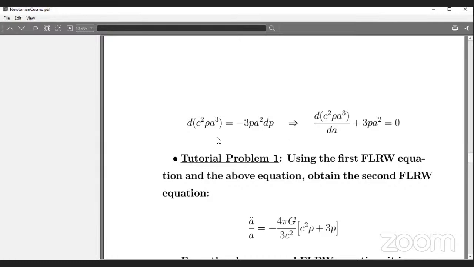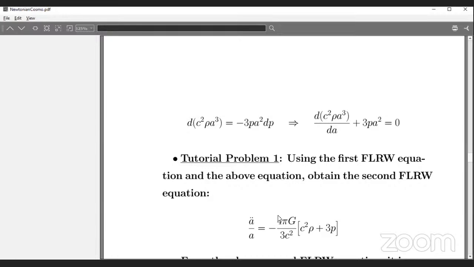And that's the reason I've given you a tutorial problem which says that if you use the energy evolution equation along with the first FLRW equation, you can derive the second FLRW equation. That means the three equations, the first FLRW equation, the energy evolution equation, and the second FLRW equation, are not independent.